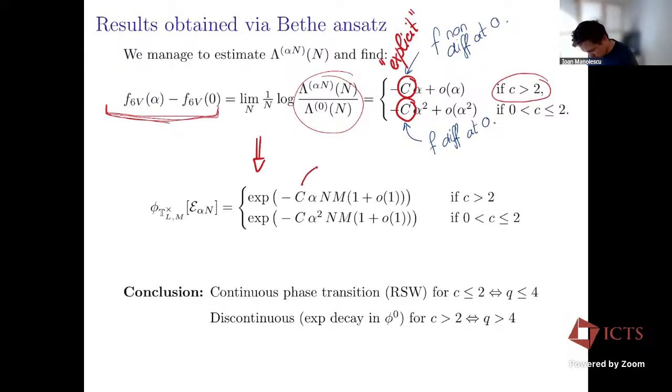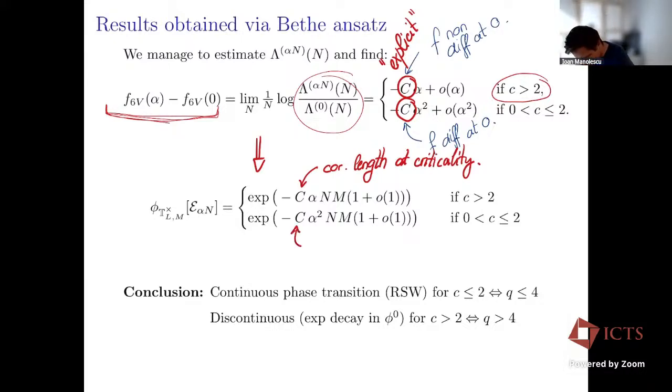So this constant here may be used to obtain the correlation length at criticality, meaning you can look for Q larger than 4 at the critical model, and since you have exponential decay for the free measure, you have something called the correlation length, which is the speed of exponential decay, and it's related to this constant. If you manage to compute this constant, you basically get the correlation length.